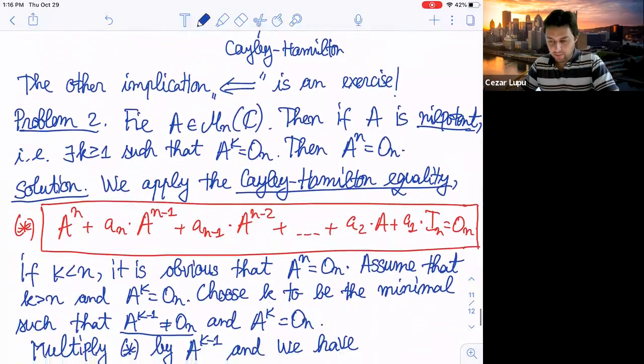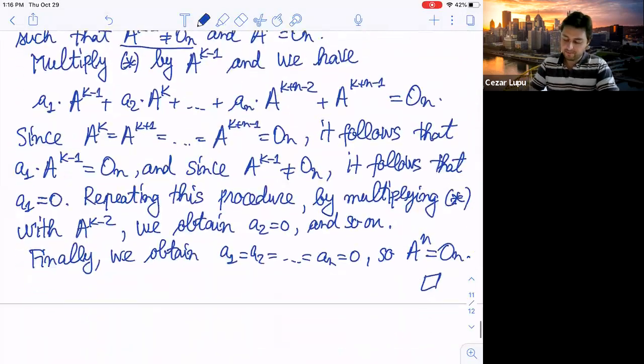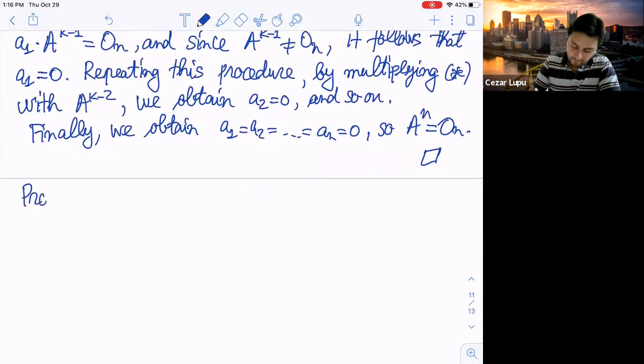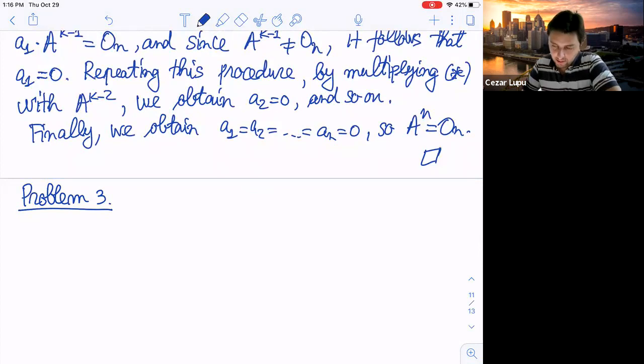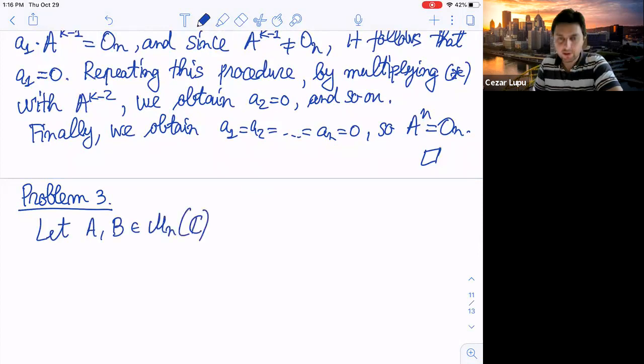Now, let's do the following problem. In fact, problem 3, which says the following. Let A, B be two n by n matrices with complex entries, and we define the Lie bracket or the additive commutator.